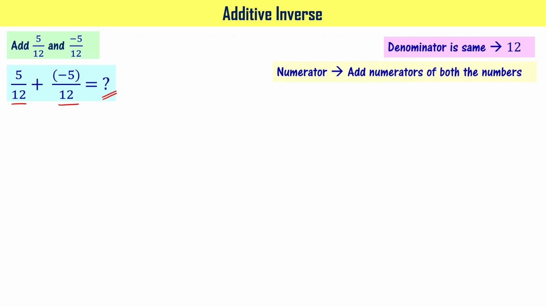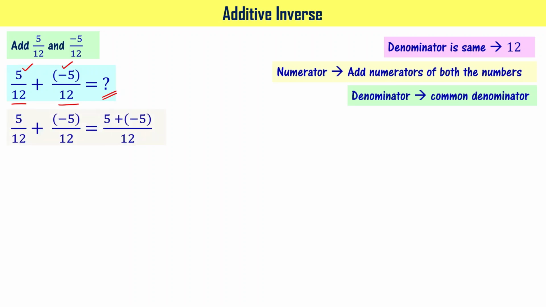It means the numerator of the resultant number is going to be obtained by adding the numerators of both the numbers, that is 5 and minus 5, we want to add them, and the denominator is going to be the common denominator. So it means 5 by 12 plus minus 5 by 12 can be written as 5 plus minus 5 divided by 12, right? The numerator is obtained by adding these two numbers, and the denominator is 12, that is the common denominator, right?